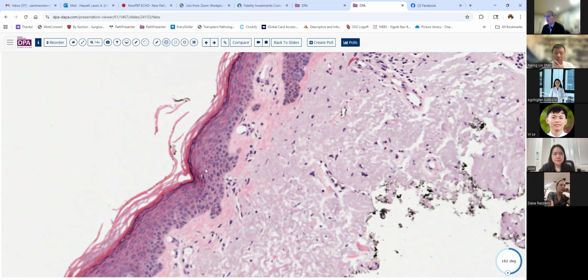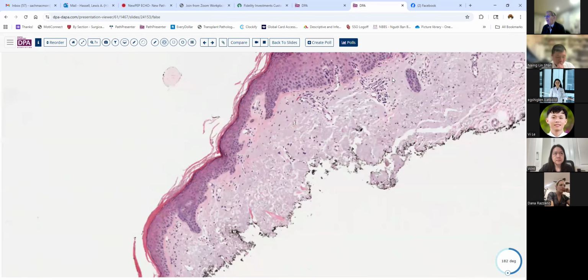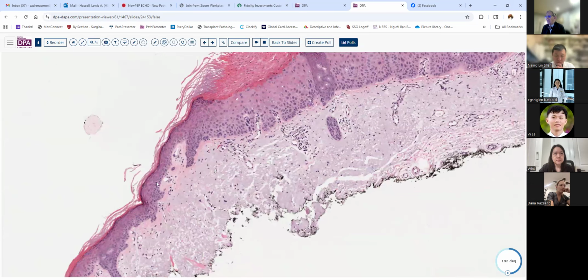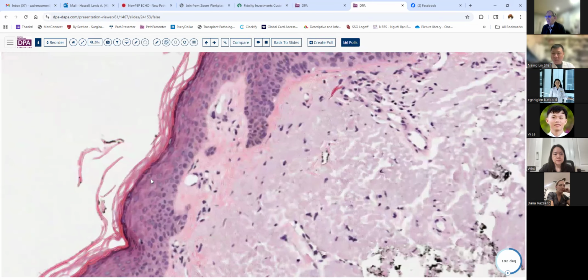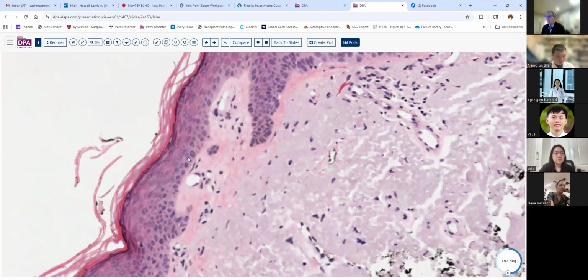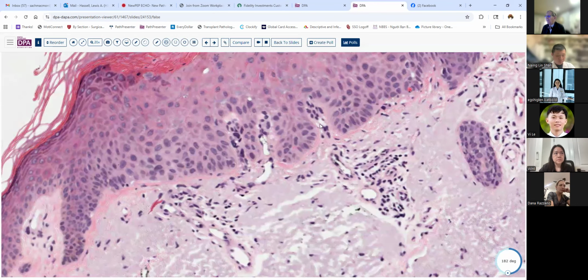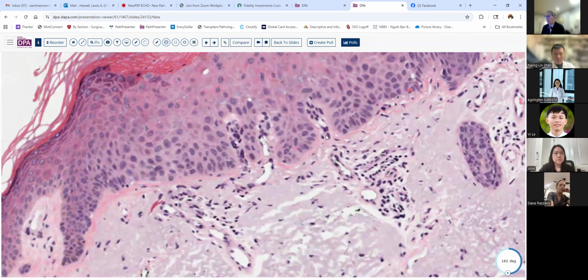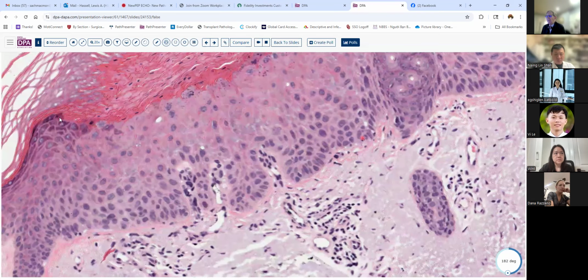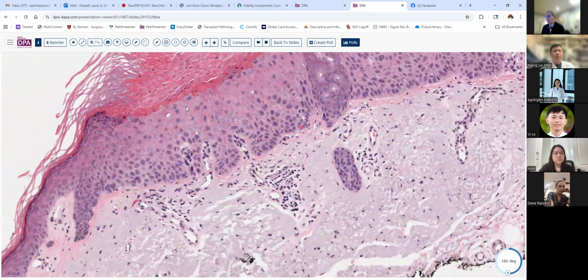So here's a normal for comparison at the side, and we can compare maybe the mild nuclear variability here with a little bit more pronounced nuclear variability over here. And we can see there's a fairly abrupt change right here where you have sudden abrupt loss of the granular layer as you come into this lesion.